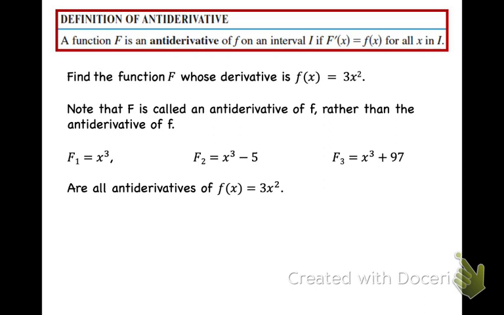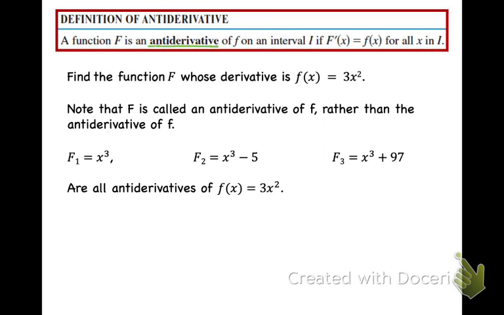Okay, so the definition of an antiderivative. You're going to catch me calling it an integral, and that's what the sign is, but just know it's the same thing. So if F is an antiderivative of f on an interval I, then F prime of x equals f of x for all x in I. So what that says is F is an antiderivative, so what would anti mean?